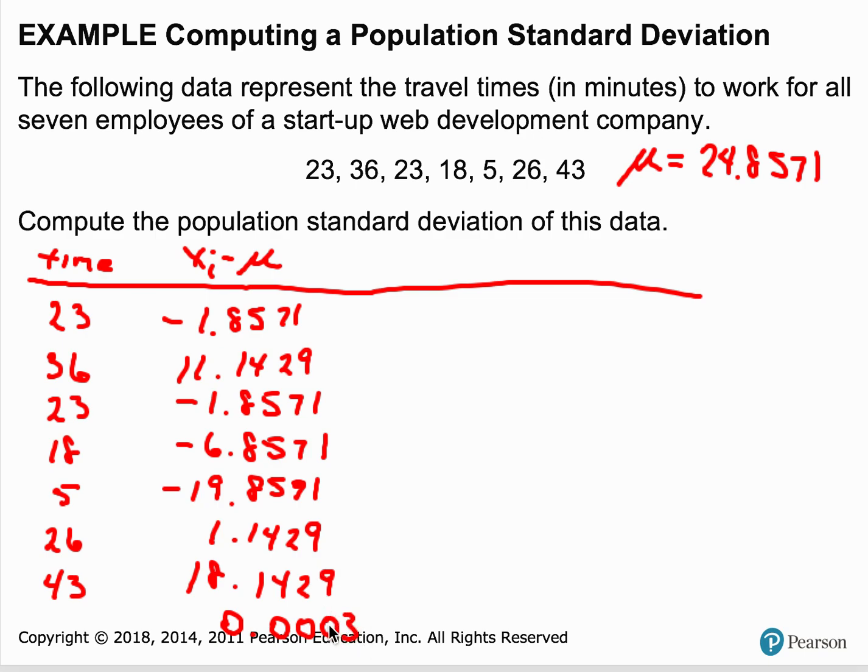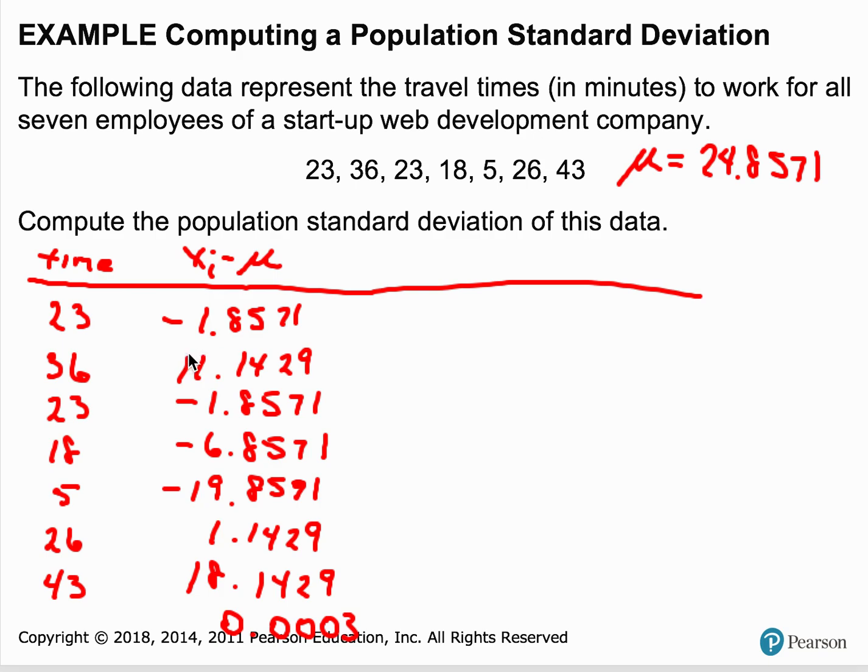Okay? So think about what that means. I should always get 0 here. Always, always will I get 0 here because remember what we said about the mean. It's the balance point. So when I add them up, it's got to add to 0, right? There's just as much weight on one side of the mean as on the other side.